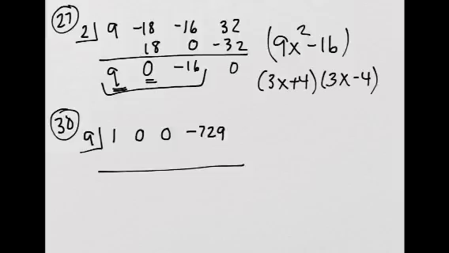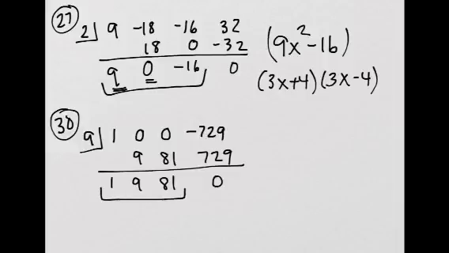Alright, so for number 30, I did have to add a couple of placeholders because there was no square and no x term. So we bring down the 1, and then 1 times 9 is 9. Combine, you get 9. 9 times 9, 81. You add those, you get 81. And 81 times 9 is 729, so that's remainder 0.